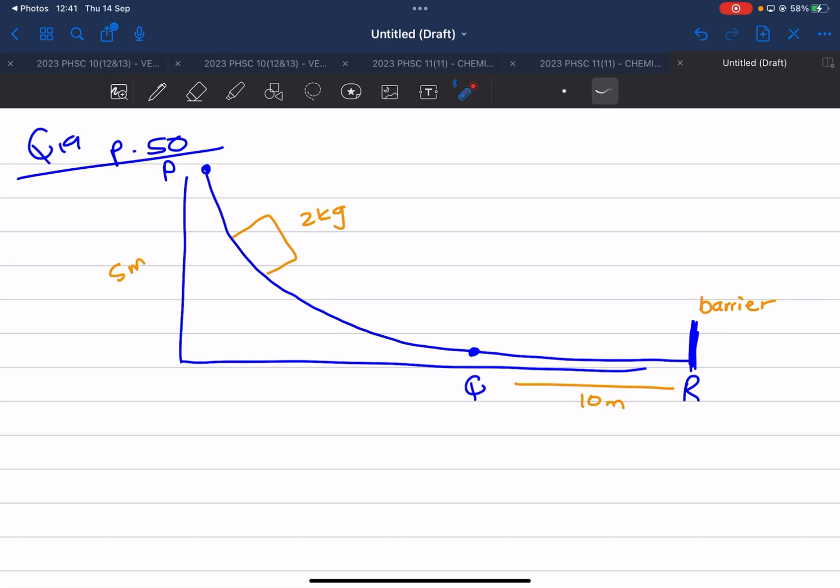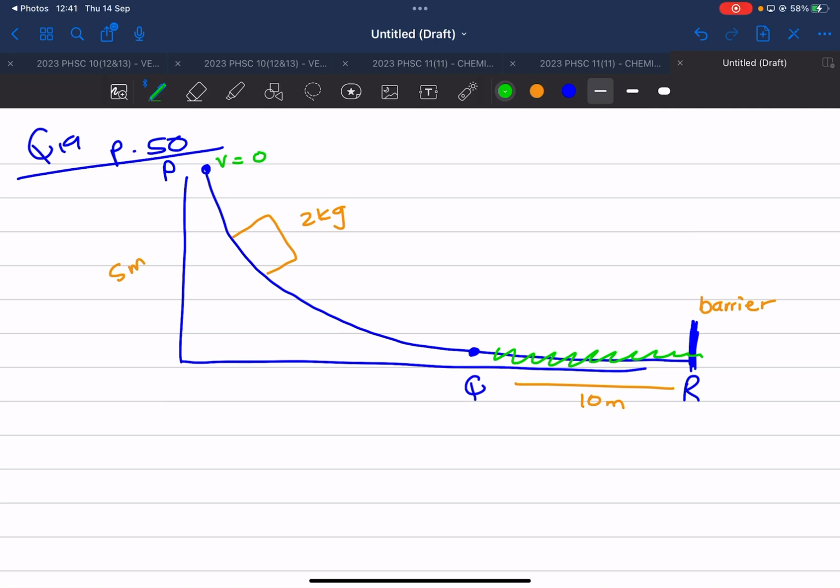Okay, right, so they say there, you have that. Hierso sê hulle vir jou, is dit rough? Okay, aan die begin sê hulle, a 2 kilogram block box was released from rest, the velocity here is 0. At point P, 5 meters above the ground, it slides down a frictionless curved track. Baie belangrik.